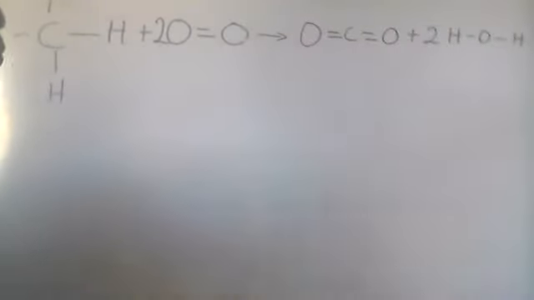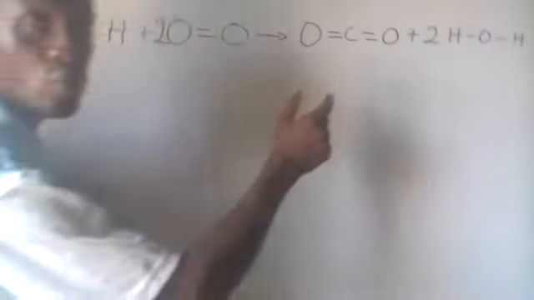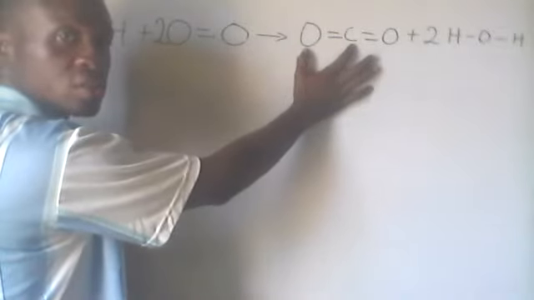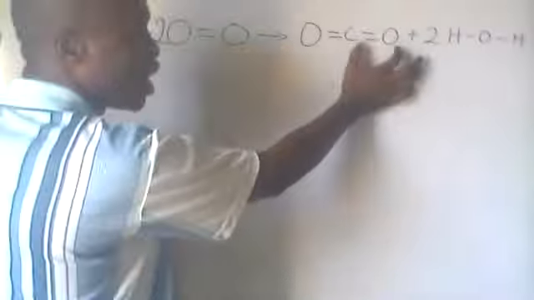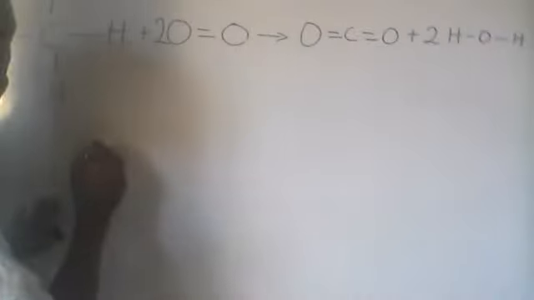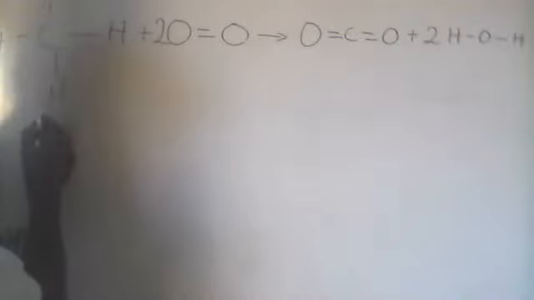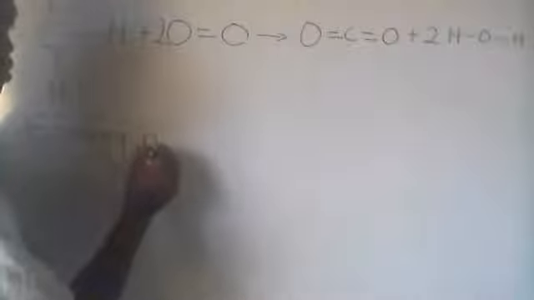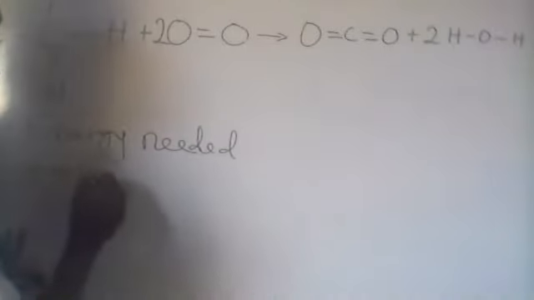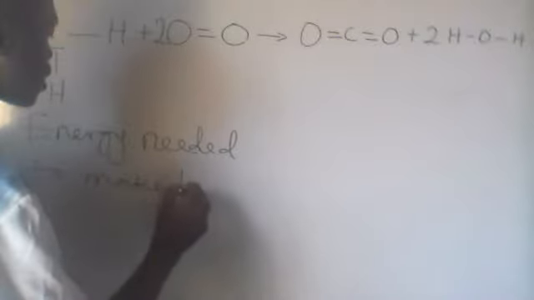Okay? If you look at this place carefully, carbon to oxygen is 1. Another carbon to oxygen, that is 2. So we have energy needed to make bond.